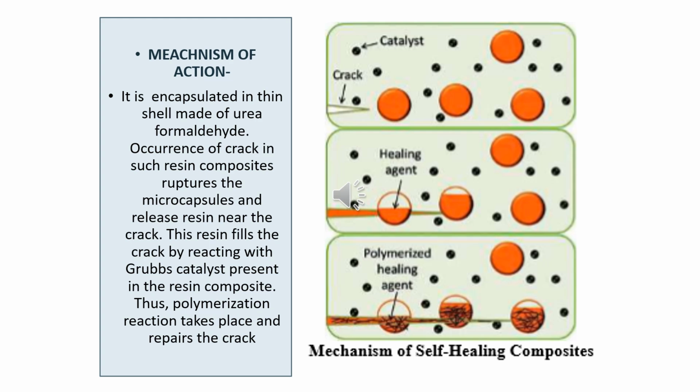The microcapsules rupture, and after the rupture, the DCPD is released and comes in contact with the Grubbs catalyst. A polymerization reaction occurs here, and because of this, a polymerized healing agent forms, and the crack is self-repaired or self-sealed. So there is very little chance of microleakage. That is why it is called a self-sealing composite, self-healing composite.